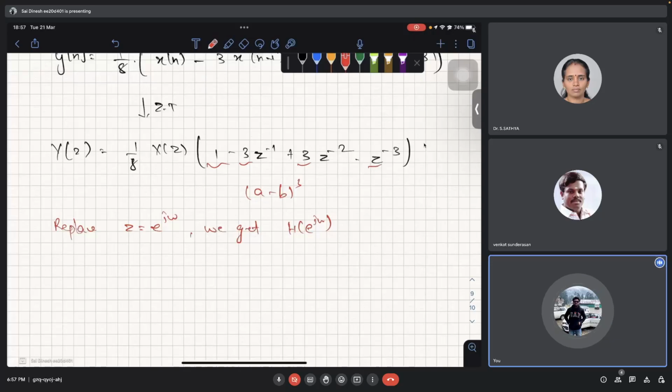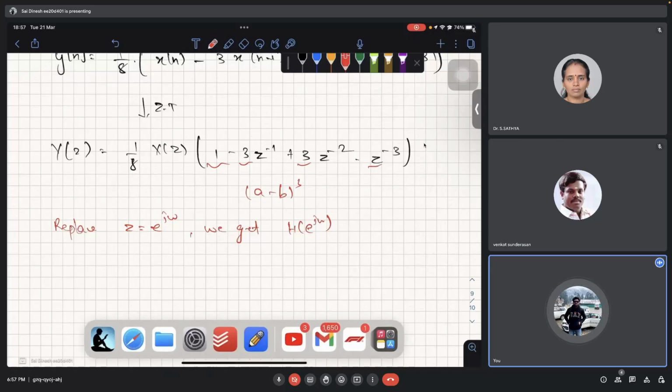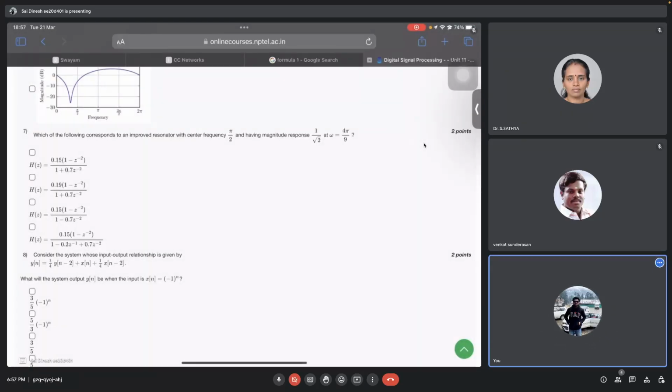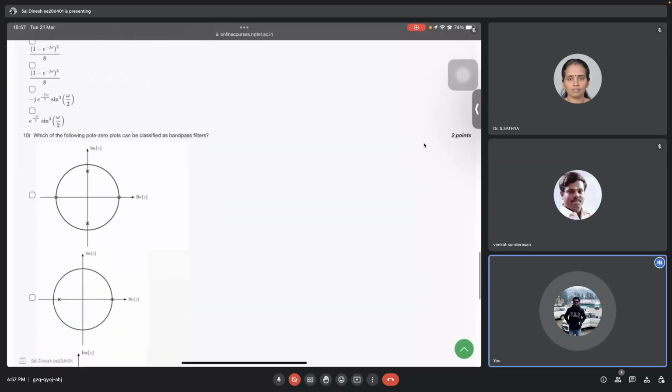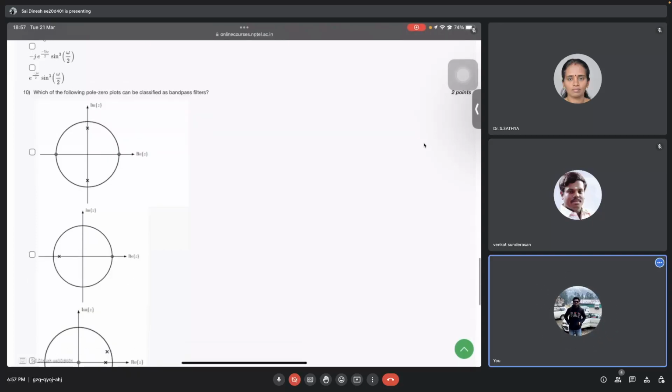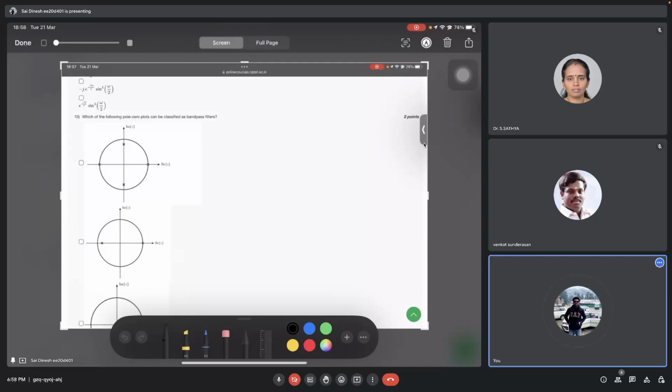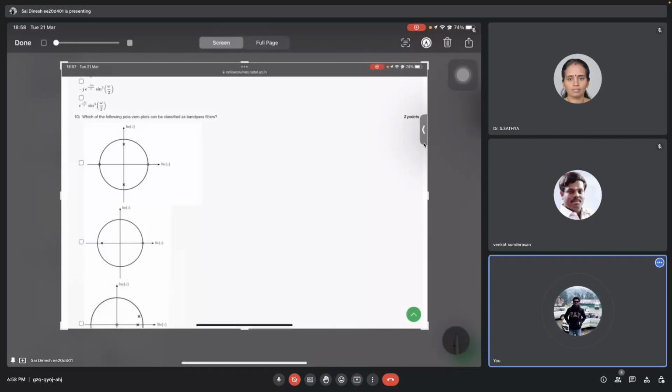In the 10th question, actually, I'll explain it right from here. So from the 10th question, it says which of the following pole zero plots can be classified as a band pass filter. So what do we need in a band pass filter? So 1 second, maybe can explain it this way, right?